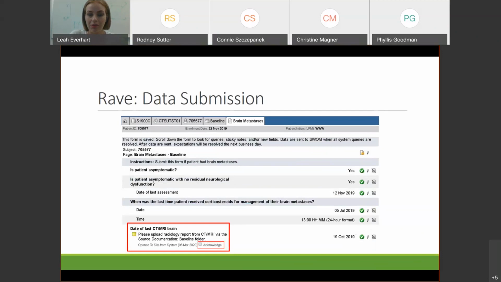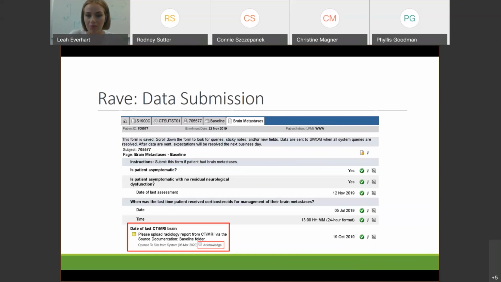So we're going to show an example of a sticky note, which you have highlighted in the bottom left-hand side. And these are mostly reminders. You just need to check the acknowledge box and save the form to make those disappear from the form. And they will show up on the task summary list until they're acknowledged, so just be aware of that.